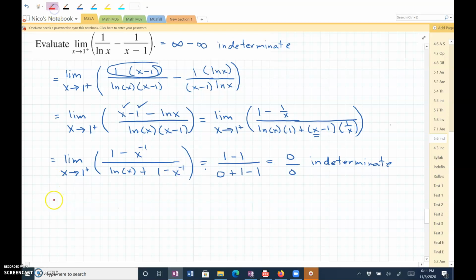That way, when I apply L'Hôpital's, it'll be easier. The derivative of 1 is 0. The derivative of negative x to the negative first would be positive 1 x to the negative second, all over the derivative of the natural log of x, which is 1 over x. The derivative of 1 is 0, and the derivative of negative x to the negative first is x to the negative second.